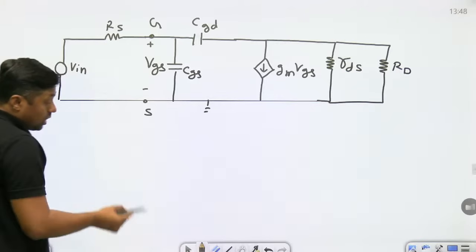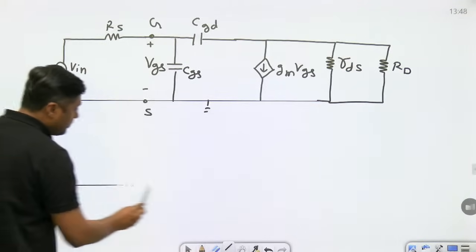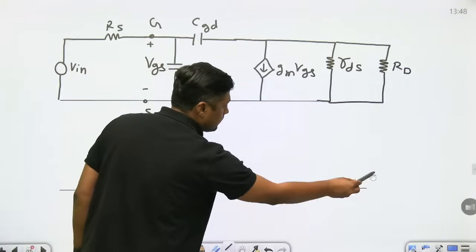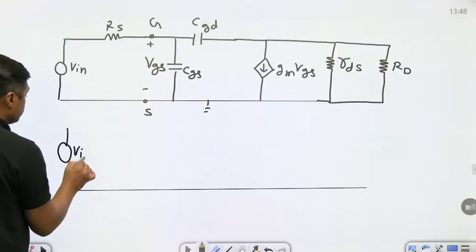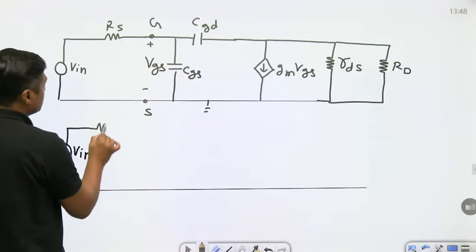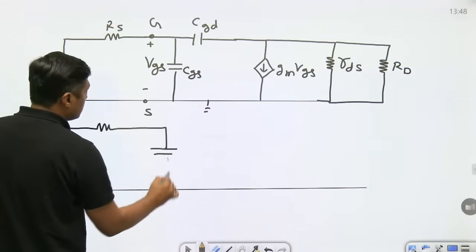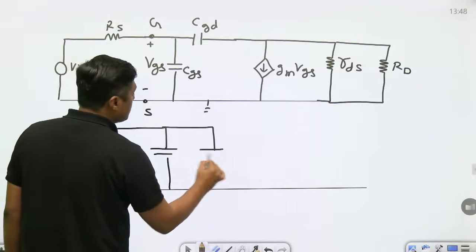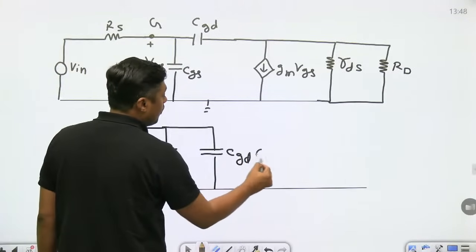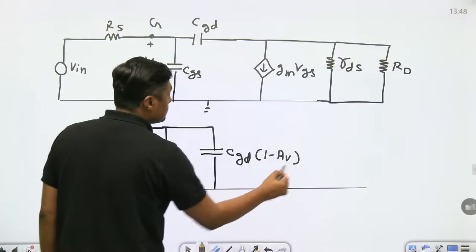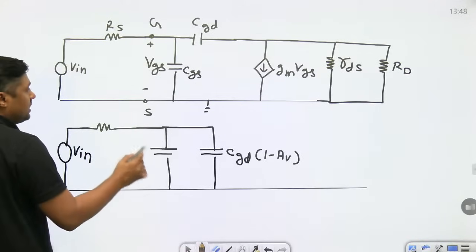That is the model. Now with the help of Miller's theorem, you have to break this. Simply focus on the input cutoff frequency. It will become CGD into 1 minus AV, with the help of Miller's theorem.